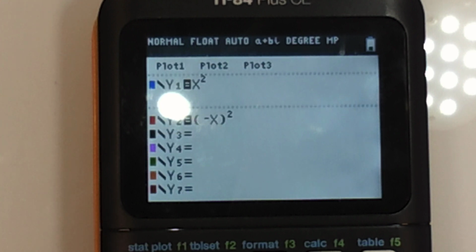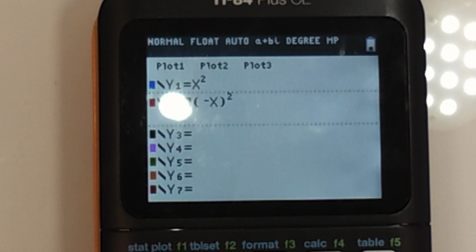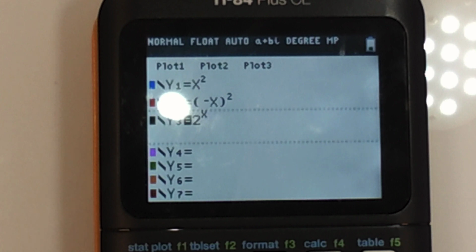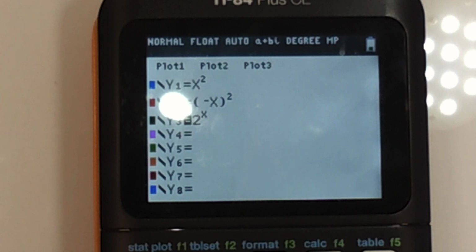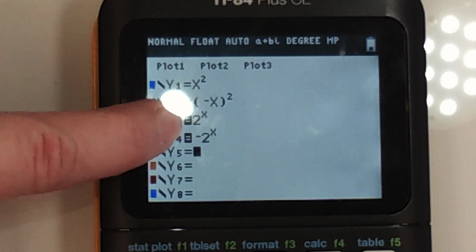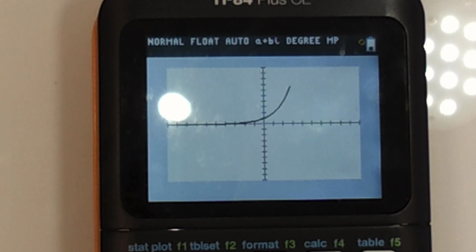But for now, let's take a step away from a quadratic. Let me put another one in here to explore that idea. So if I put the negative in front, we flipped it over. Now this is an exponential one. There was the original. There's the new. Flipped it over the x-axis.